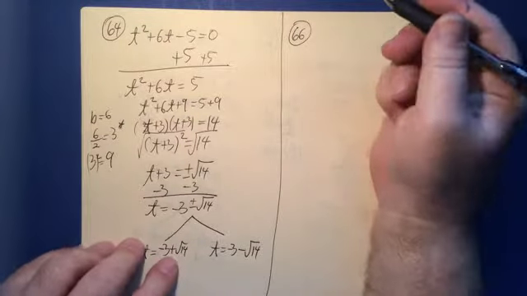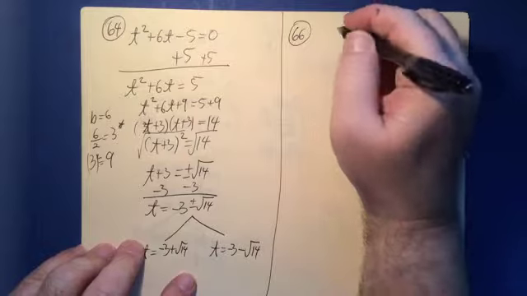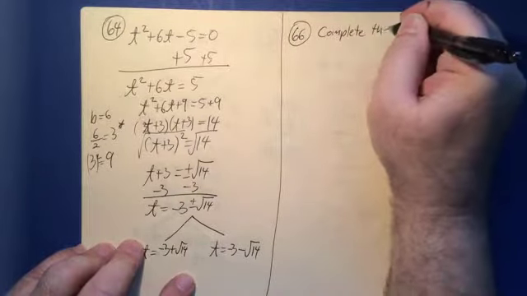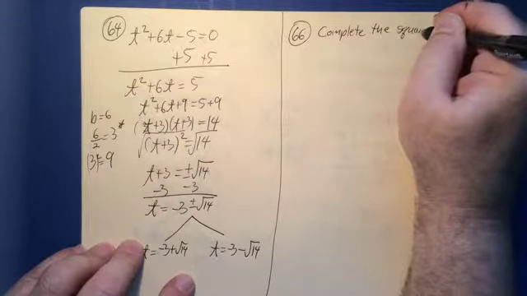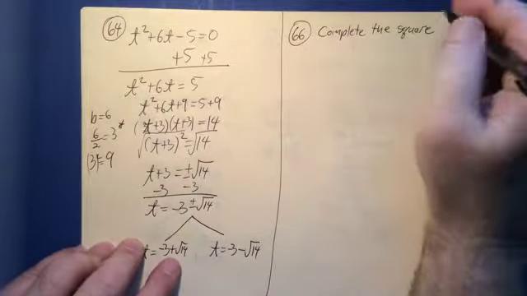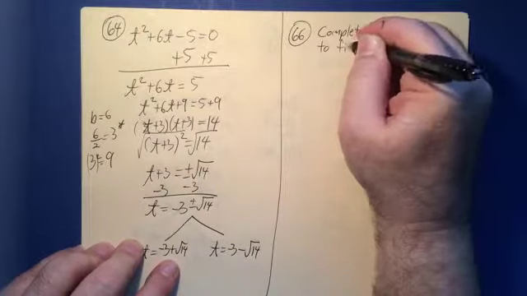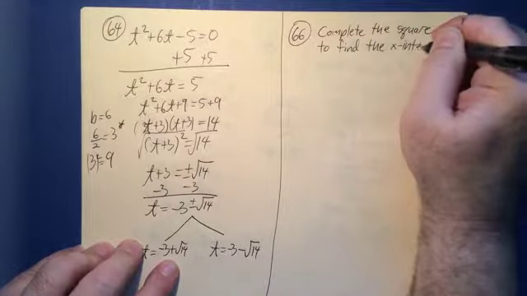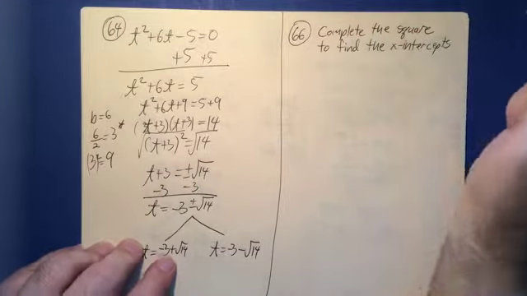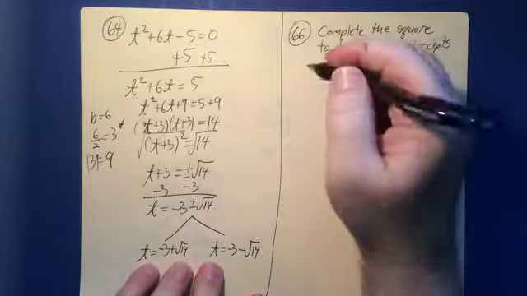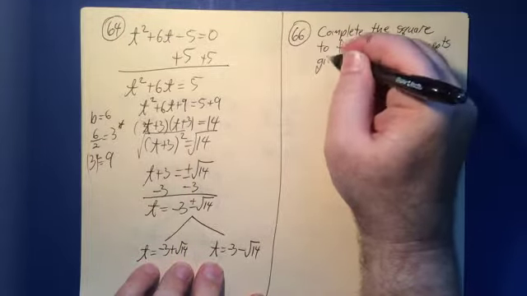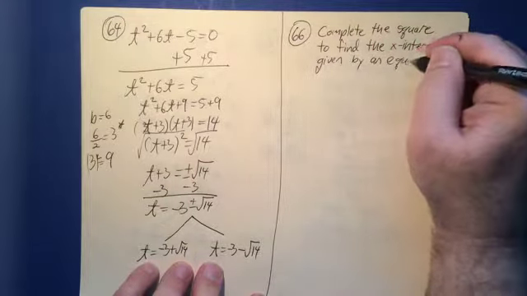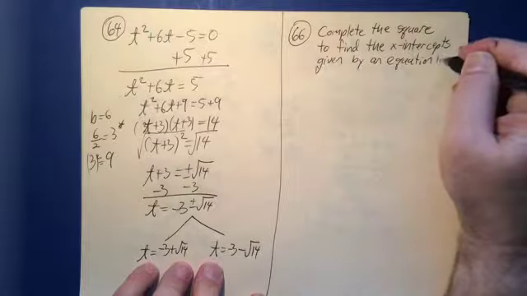The directions are asking you to complete the square to find the x-intercepts, given by an equation that's listed.